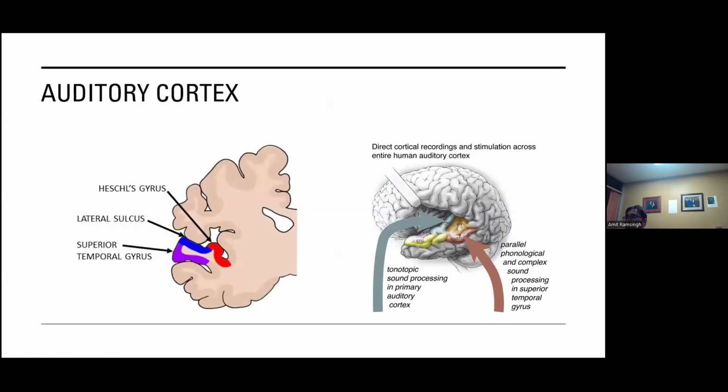Again, the coronal section shows the anatomy pretty easily here. Going back to what we were talking about in terms of the anatomy of the medial temporal lobe, we have the superior, middle, and inferior temporal gyrus, and right here would correspond to Heschl's gyrus, located just at the superior temporal gyrus, right there.